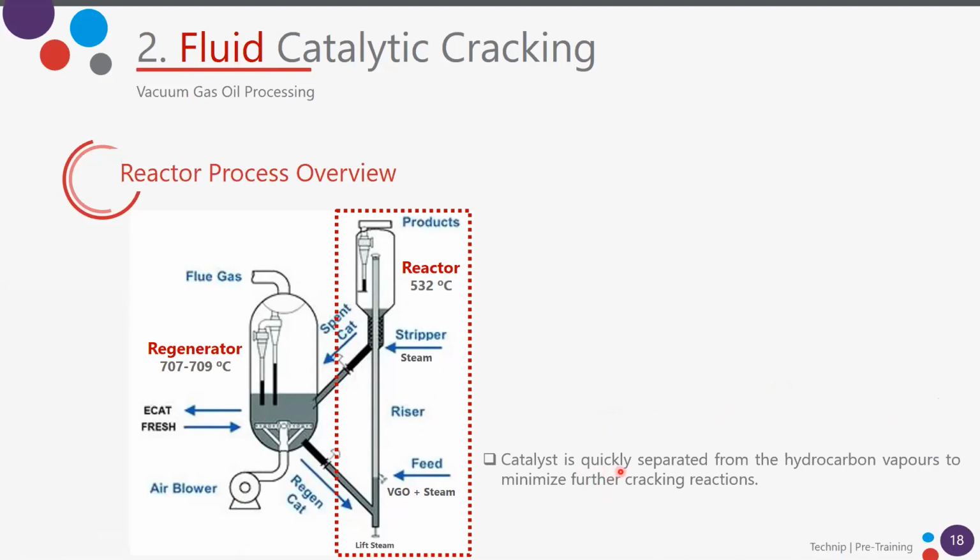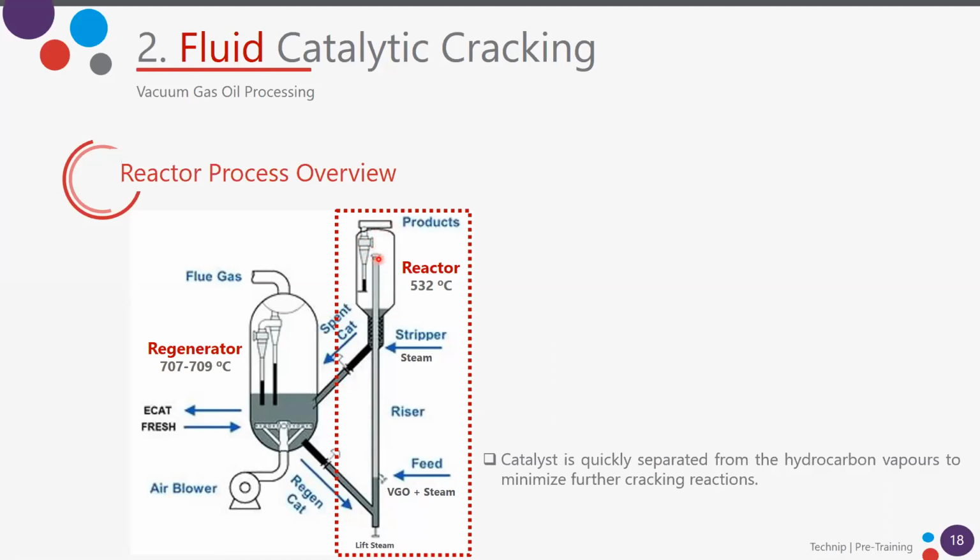Catalyst is quickly separated from the hydrocarbon vapors to minimize further cracking reactions. So when you reach here, you have special devices that will separate the catalyst and the vapors, that is the reaction products. You also have here the cyclones, that are special mechanical devices that will separate the catalyst from the vapors.